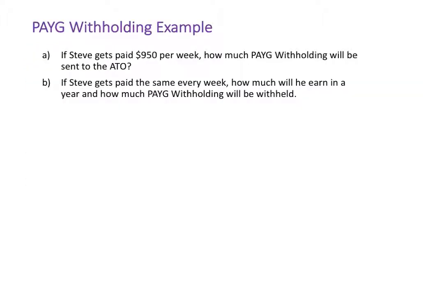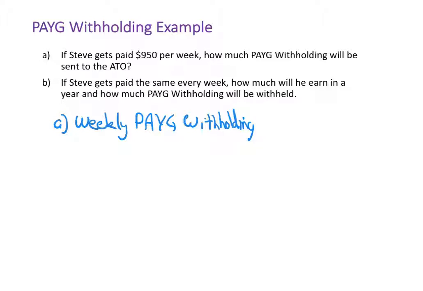So we can use that information to answer part A of our example. Part A, weekly PAYG withholding is equal to $165 based on a $950 payment.